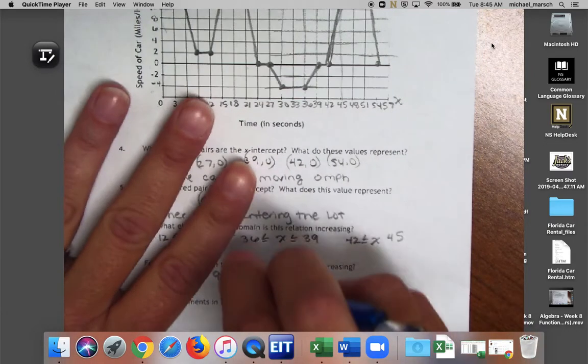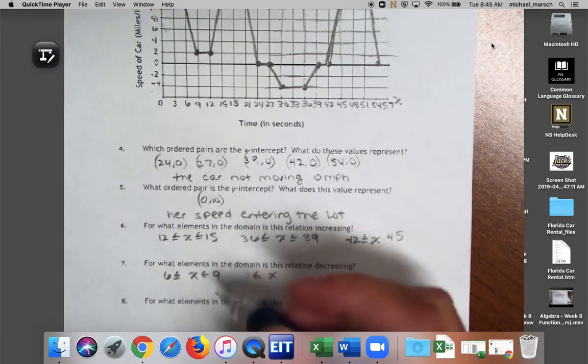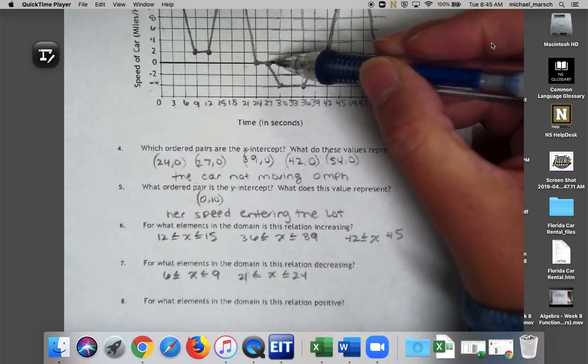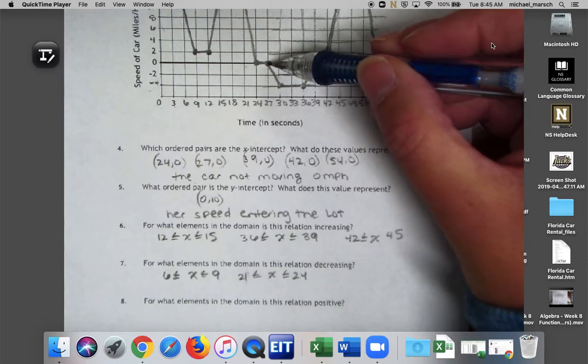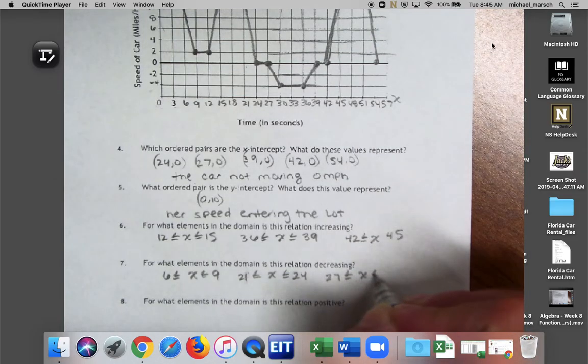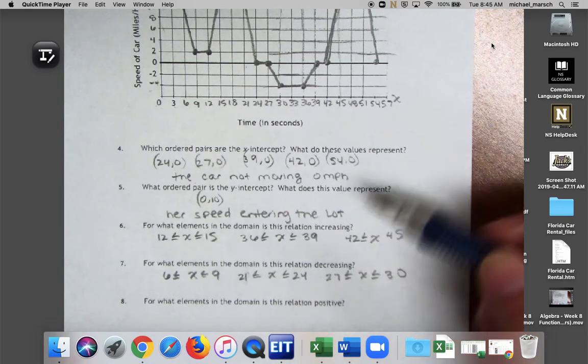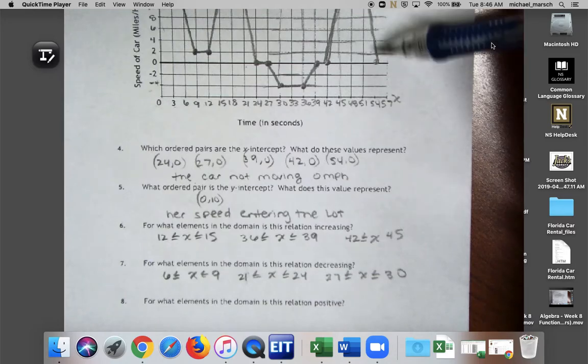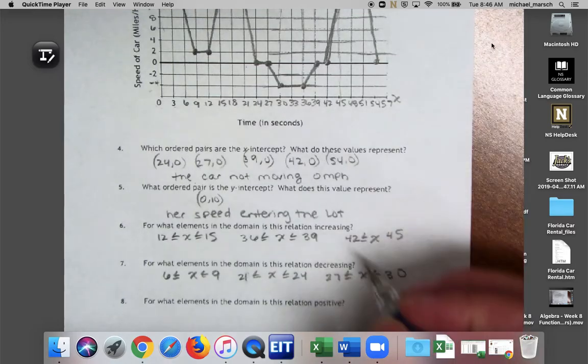For some reason I started thinking about the range. It also decreases from 27 to 30. And then increase, and then again from 51 to 54.